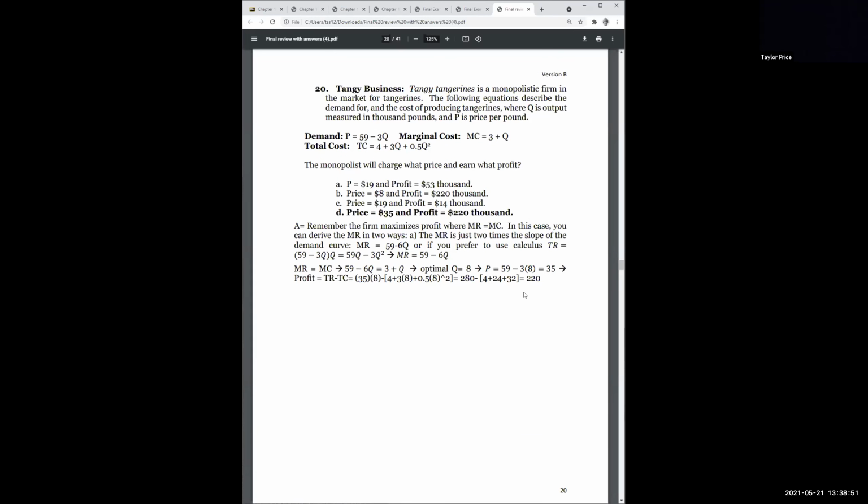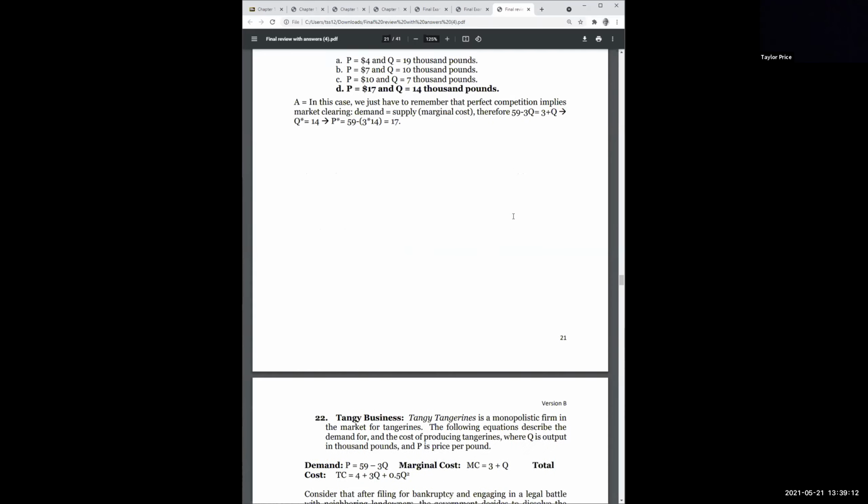So for 22, you actually have to go back 2 questions, unfortunately, because they're wanting you to think about the profit, and remember that the firms are making a profit.